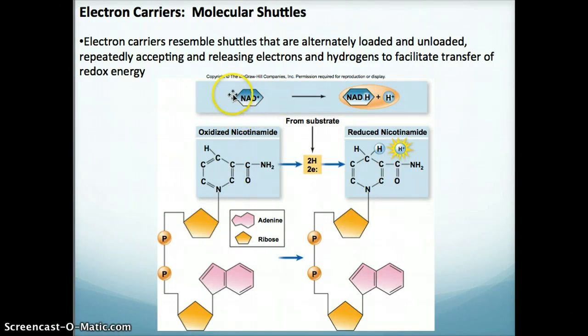So it can start out with this NAD+. We then add 2 hydrogens, which are really 2 electrons, and this will give us this energized molecule here that then can be transferred to an ATP. So it's a great way to kind of transfer energy from a molecule to another one.